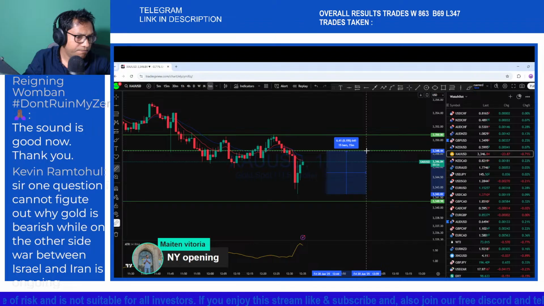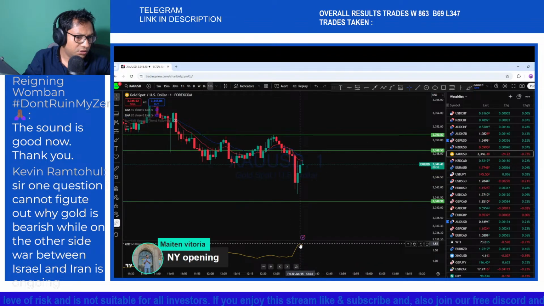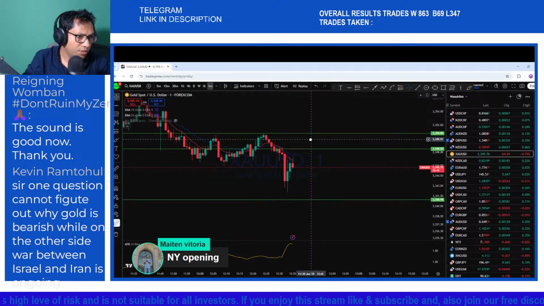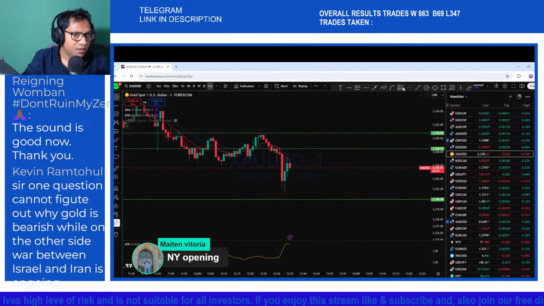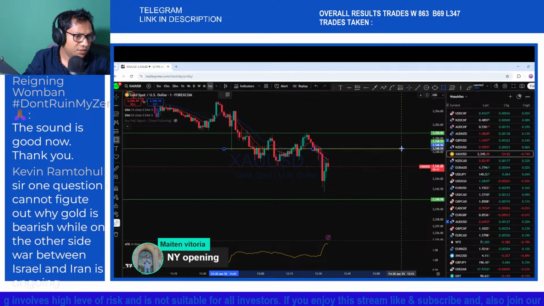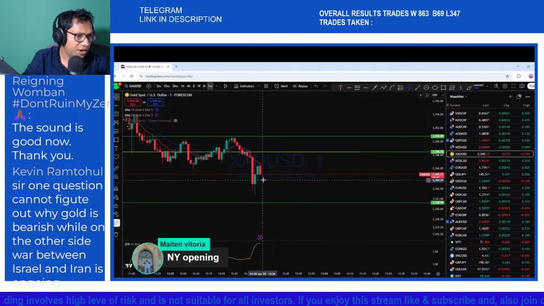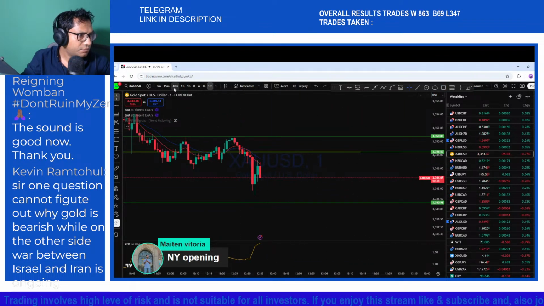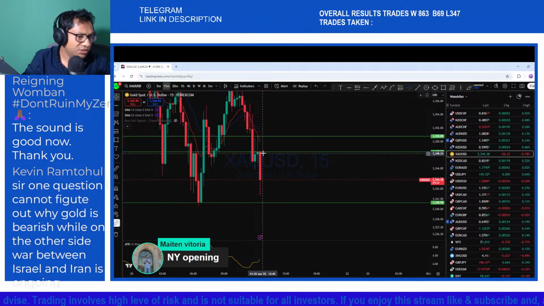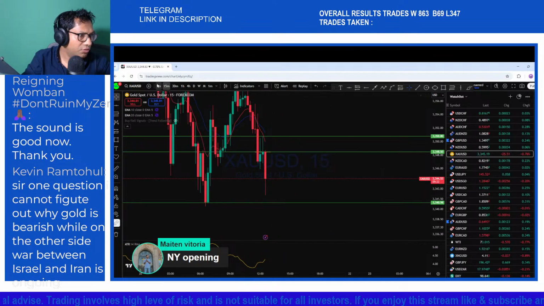And this is the 65 pip. So basically, if the market is reaching that level, where you will be able to see here the important level, that is the key level. So if during the lifetime of this 15 minutes candle, the price is reaching there, we can look for possible sell.